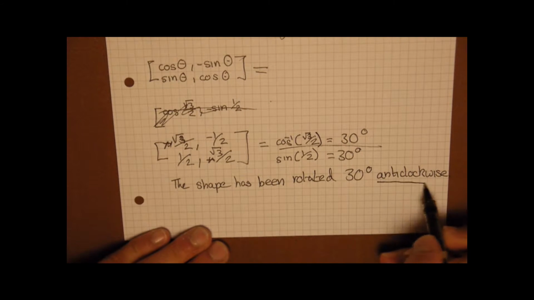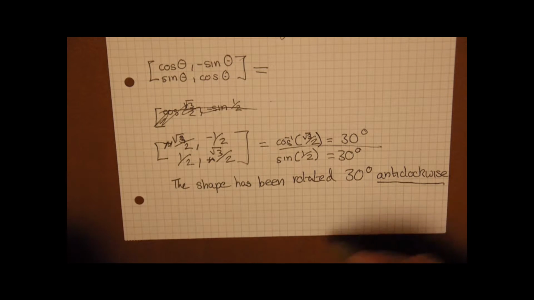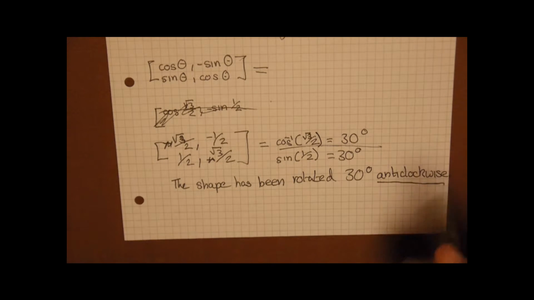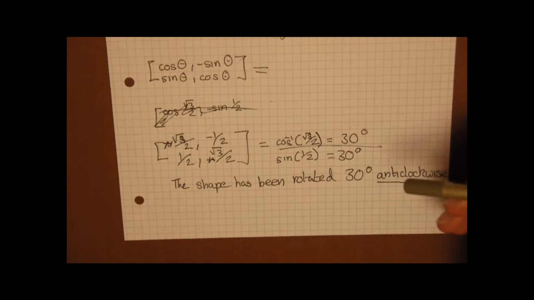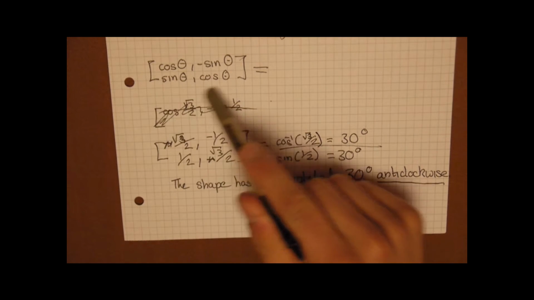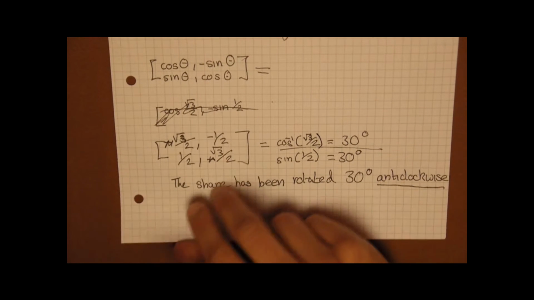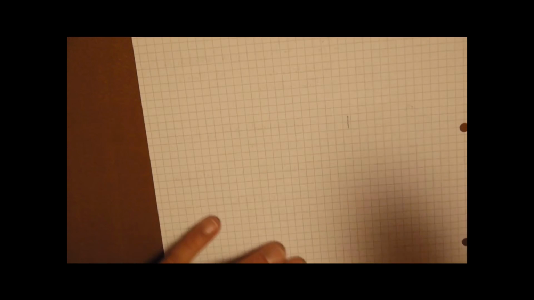Don't ever write clockwise unless you're sure the matrix has been reversed. Obviously, if you get 180 degrees, you can write 180 degrees clockwise or anti-clockwise; it wouldn't make a difference. And if you got 270 degrees, it probably makes more sense to write 90 degrees clockwise. But if you get an answer of less than 180 and it follows that rule, then you know it is an anti-clockwise matrix. Now, we'll try another one quickly just to see if you get the hang of it.